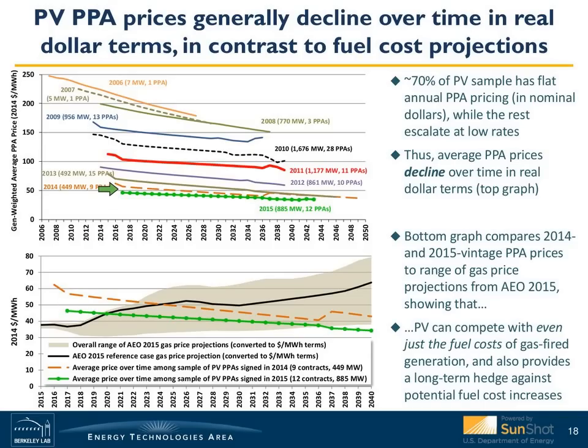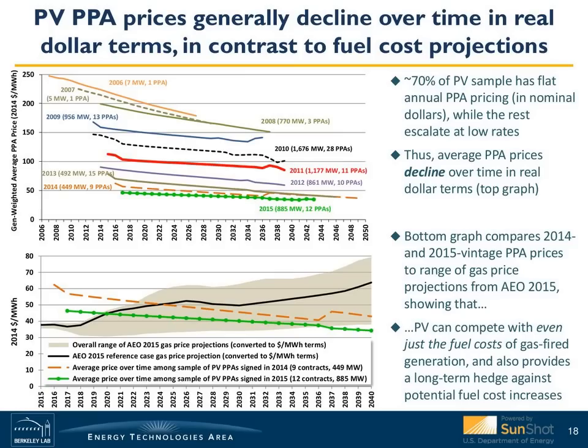And I'm plotting them here on the bottom graph along with a range of fuel cost projections from gas-fired generation. This range is pulled from the Energy Information Administration's Annual Energy Outlook 2015 publication.